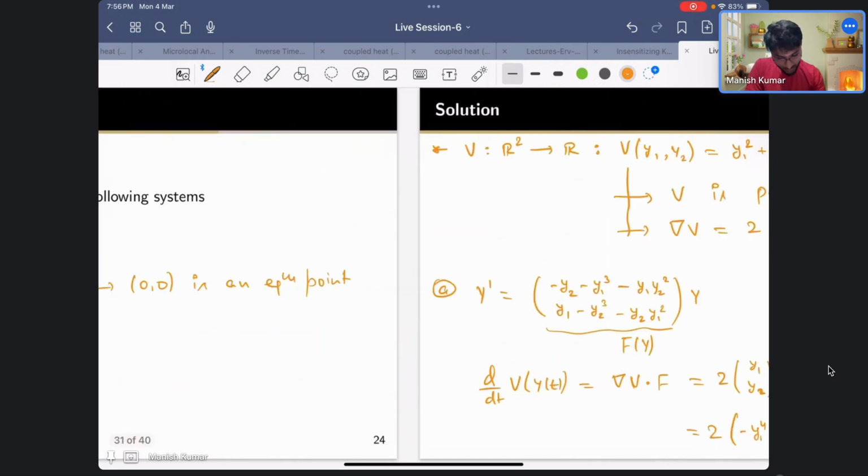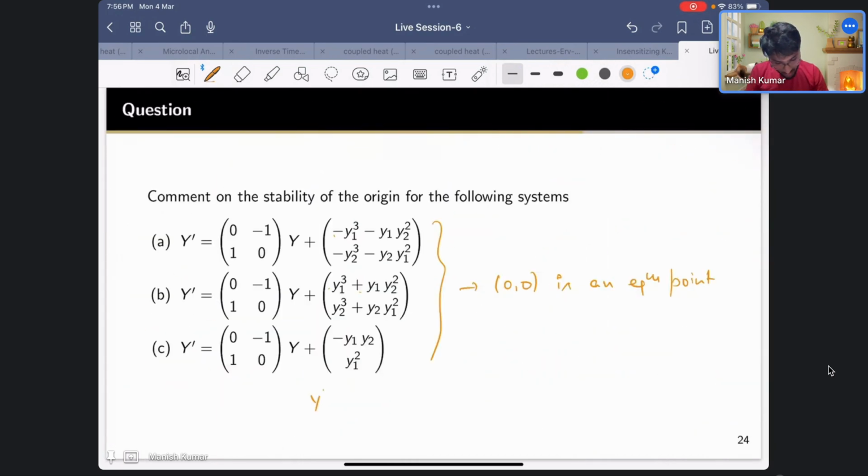Okay, let us look at the c part. So the c part is y prime equal to, so again the linear part is same. This is also something that I missed to say: in all these three cases the linear part is same. So if you do the linearization around (0,0), you'll get the same system. The eigenvalues would be plus minus i, so the linear system is stable, the real part is 0, so you cannot conclude about the non-linear system.